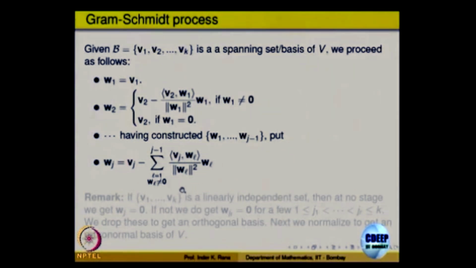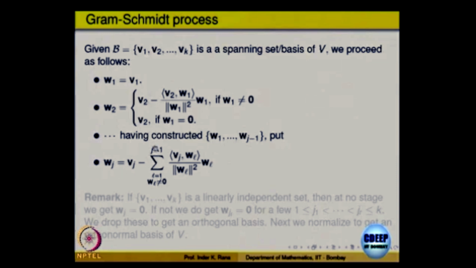Take the WL, Vj, take its projection on the linear combination of the earlier ones, that plane, essentially how you get from the second to the third one, and remove it from Vj. This is the projection on the space generated by the earlier ones, remove that, and what you get should be perpendicular to the earlier ones, right.